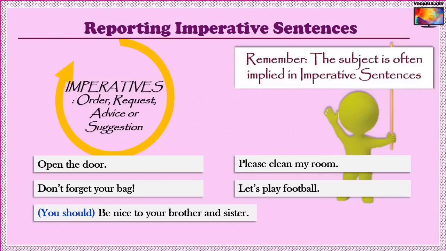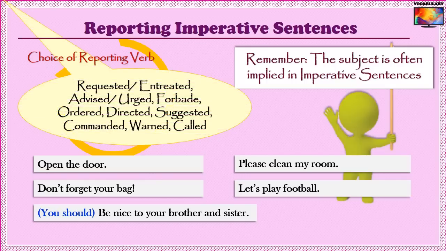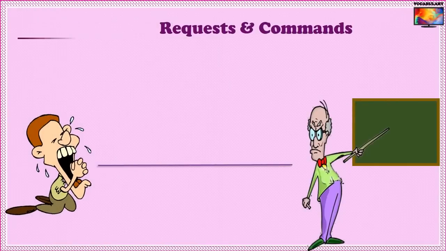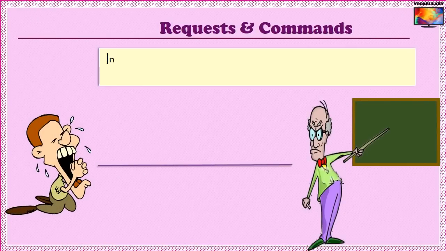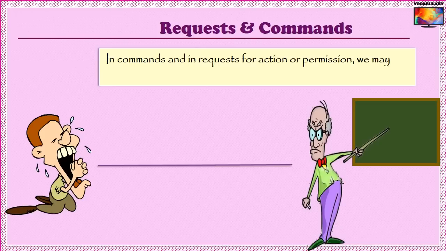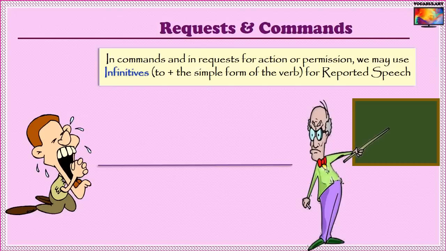Typical reporting verbs used for imperatives are requested, entreated, advised, urged, forbade, ordered, directed, suggested, commanded, warned, called, etc. In commands and in requests for action or permission, we may use infinitives, which are constructed using to plus the simple form of the verb for reported speech.